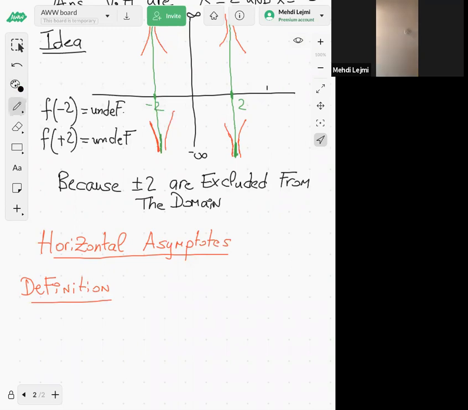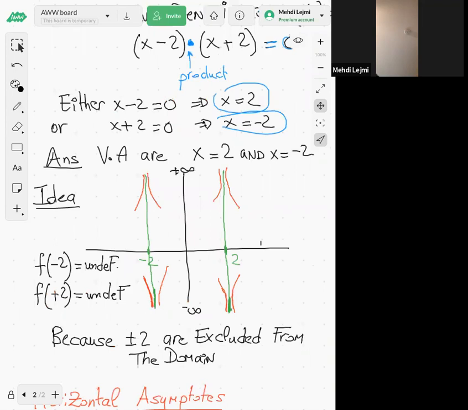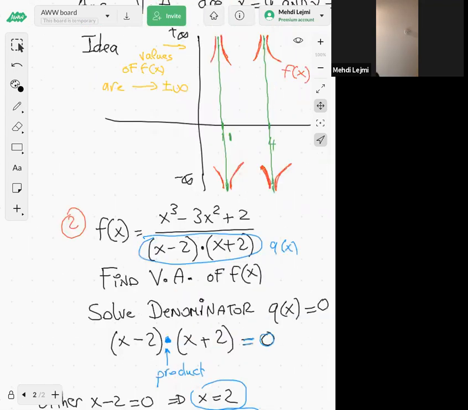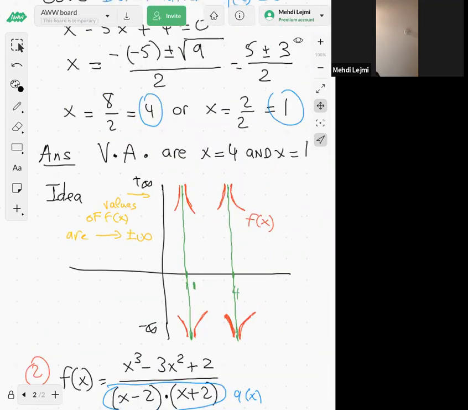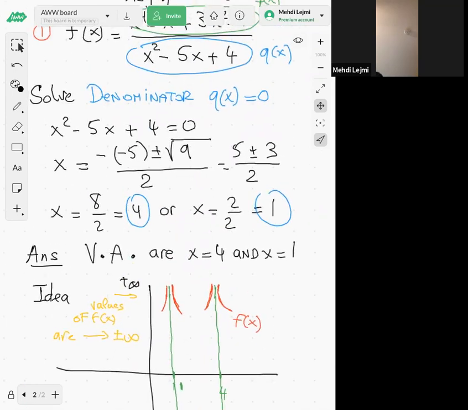You see the difference between a vertical asymptote and a horizontal asymptote. A vertical asymptote is a vertical line, and the equation of a vertical line is always like x equal to a number, right?